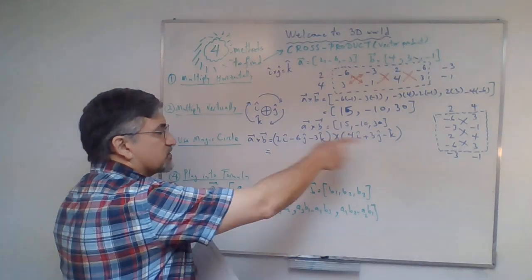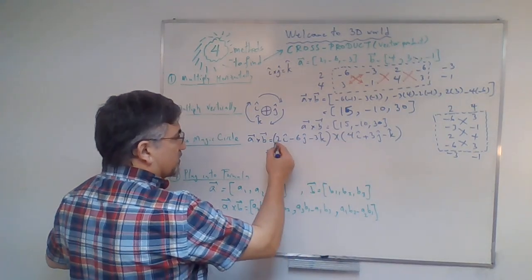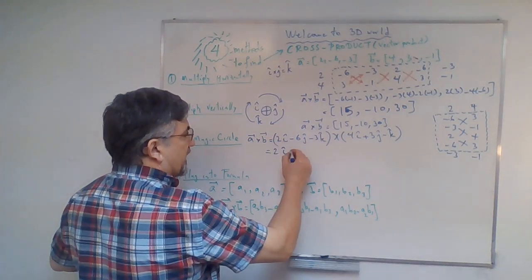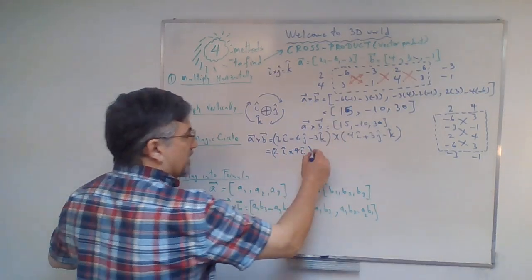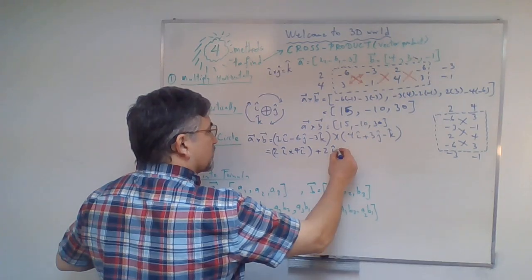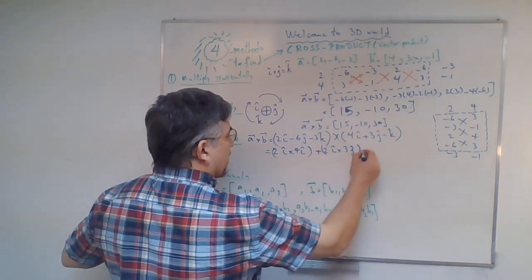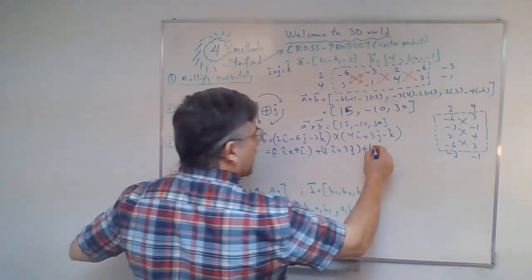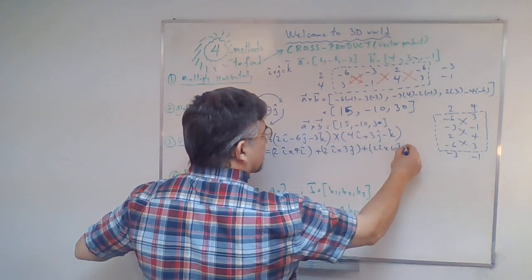And now I just do the distributive property. So I have 2i hat cross 4i hat, basically. Okay, and then I have 2i hat times 3j hat. Okay, and then we have 2i hat times negative k hat.